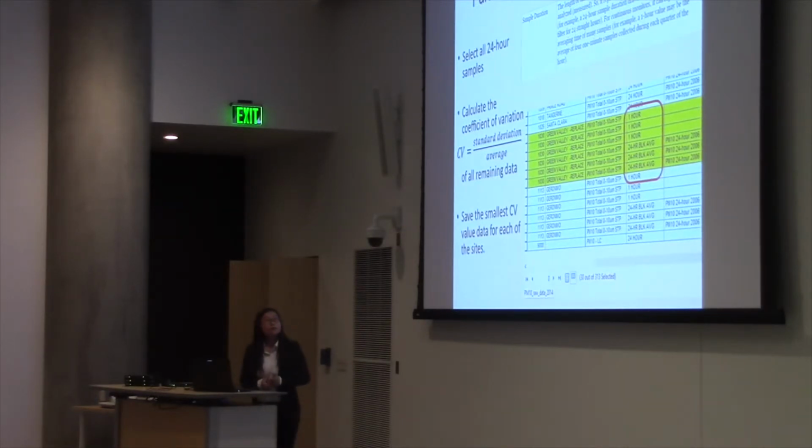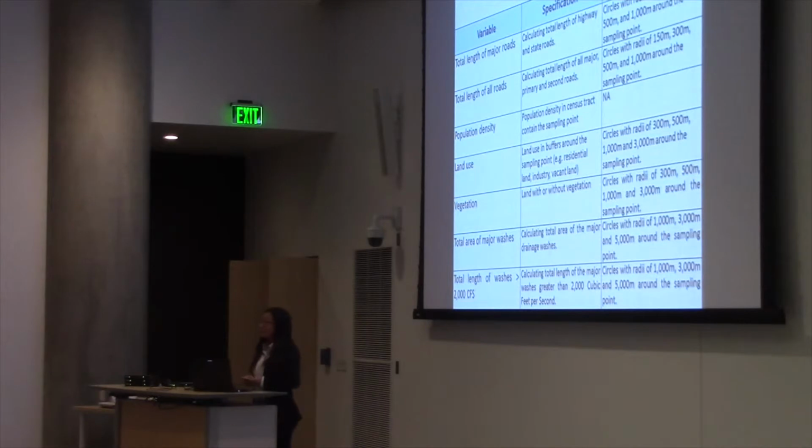I chose particulate matter data from 2010 to 2014, over 5 years. Because there are more than 1 record for each monitoring site, I took off all records with 1 hour sample duration. Then I calculated the coefficient of variation of all remaining data and saved the data with the smallest coefficient of variation for each of the sites.